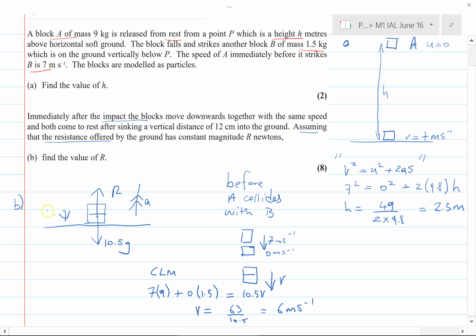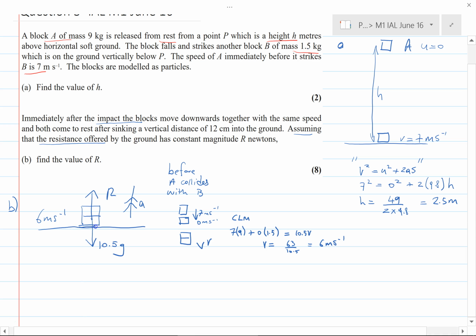Let's just try and tidy this up a bit, so I've got a bit of space. So there we go. Just to reiterate, the ground is soft, so it's going to start going into this ground, but the ground will be stopping it from going in too far. It only goes 12 centimeters, which is 0.12 meters into the ground.